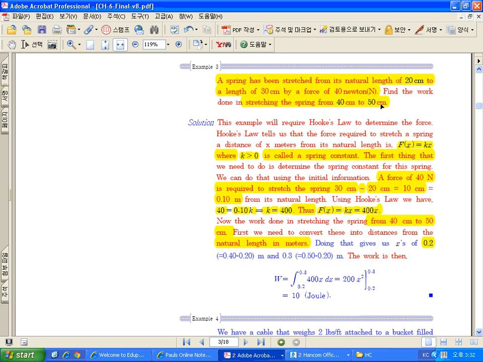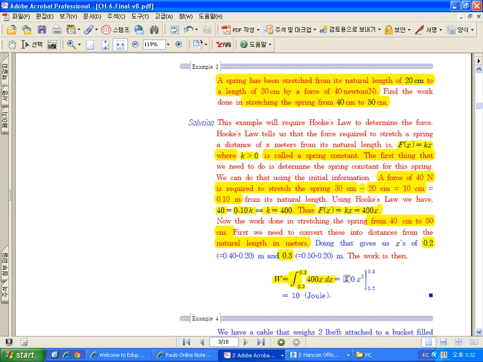To 50 centimeters, the difference from the original length is 30 centimeters, so the ending point is 0.3 meters. So we started from 0.2 meter and ended at 0.3. The work done can be found as the integral of 400x dx from 0.2 to 0.3.